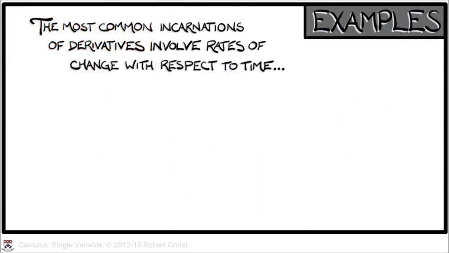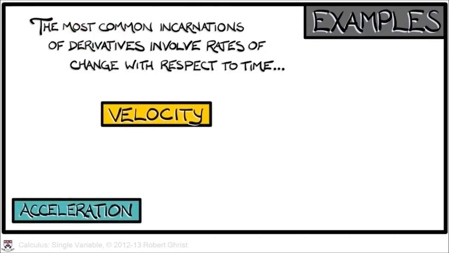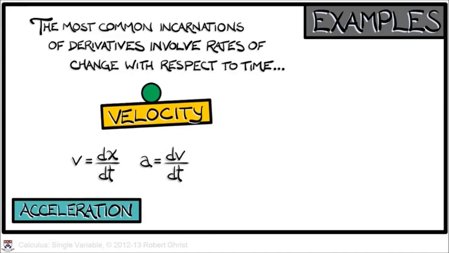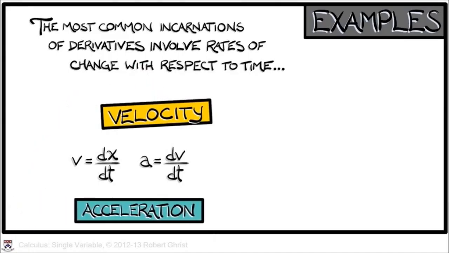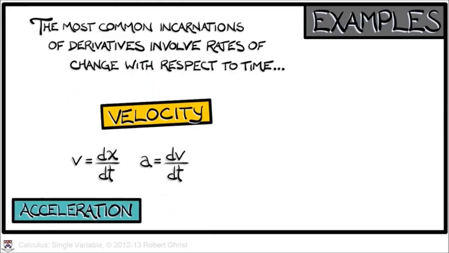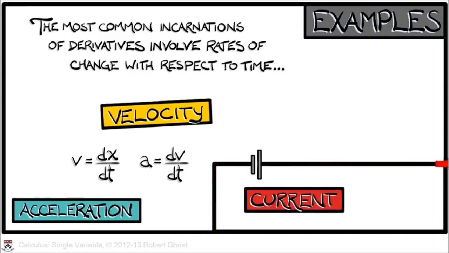Now, the most common examples of derivatives wind up involving rates of change with respect to time. For example, in your introductory physics, you've certainly seen velocity or acceleration as a derivative. These are derivatives of position with respect to time. But there are other examples as well.